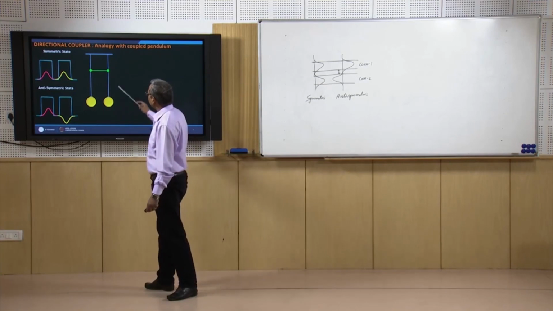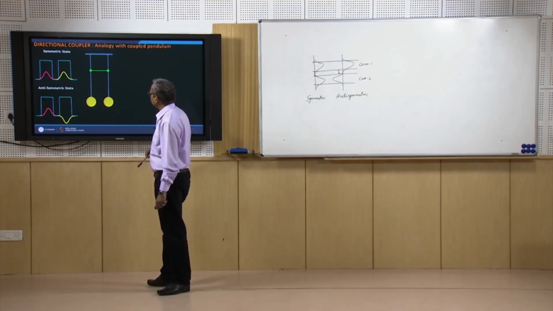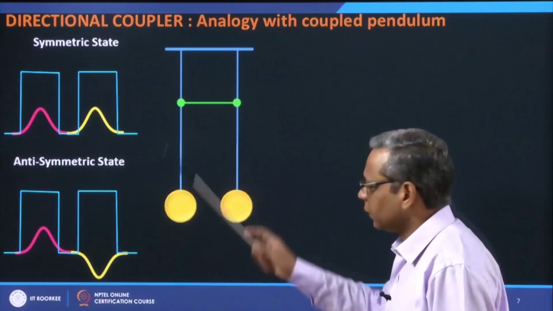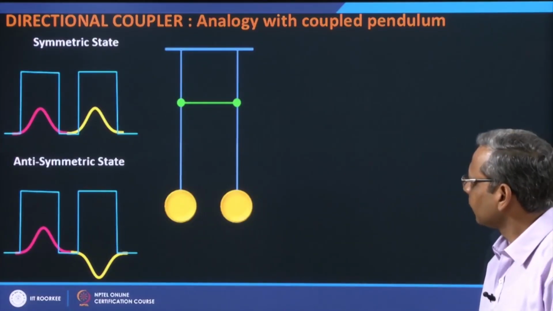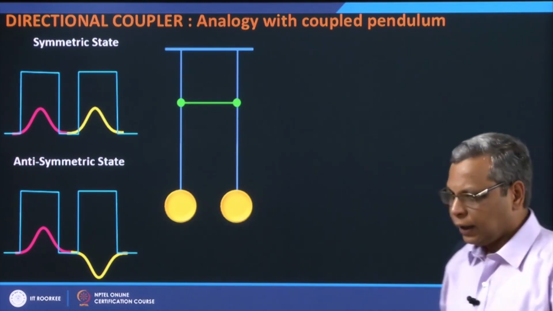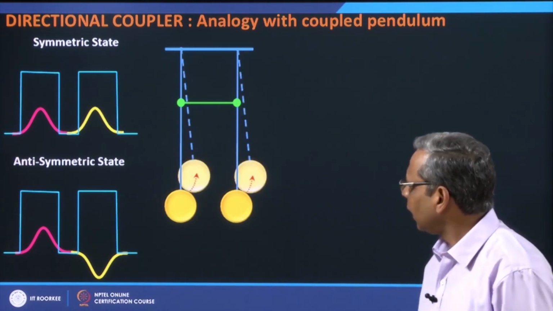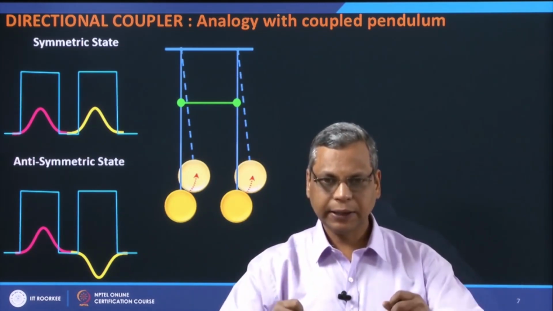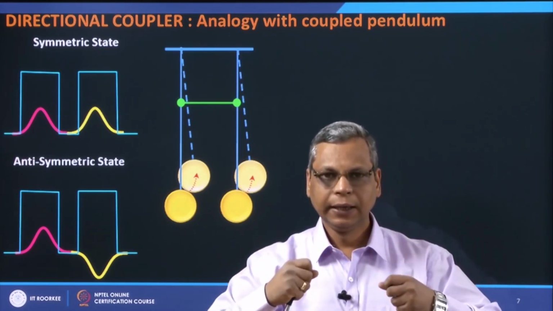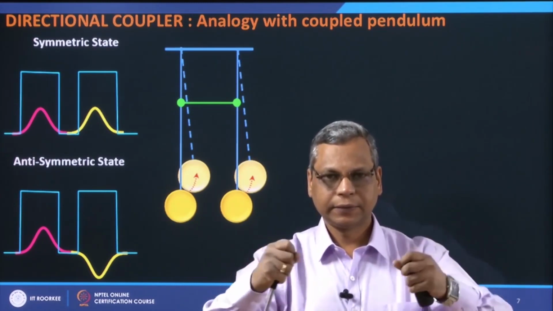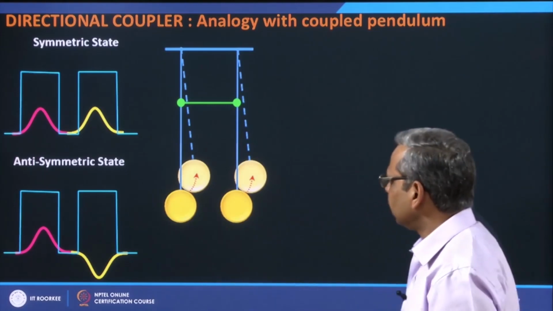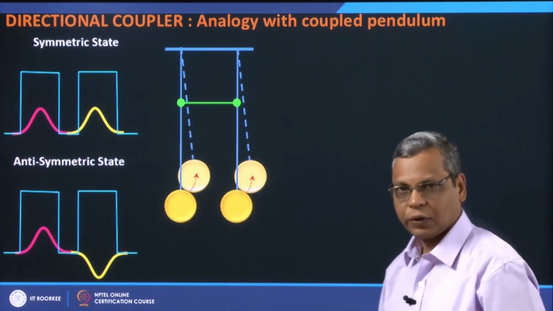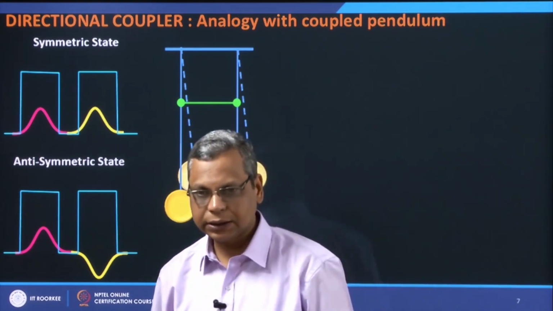If I have a pendulum like this, which I have coupled with the help of this small string, then now if in this kind of pendulum I push these two bobs in one direction simultaneously and then release them, then the oscillations would be like this, and this will keep on oscillating in this state for infinite time if there is no air resistance.